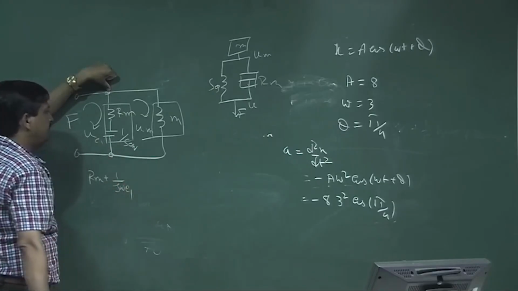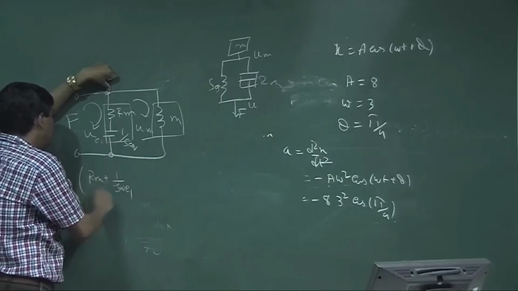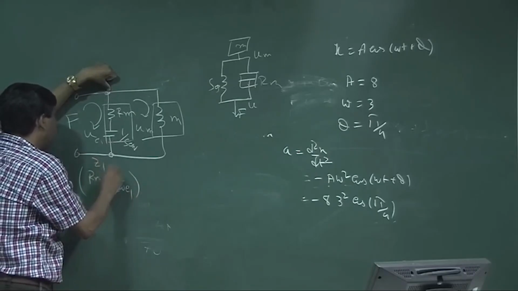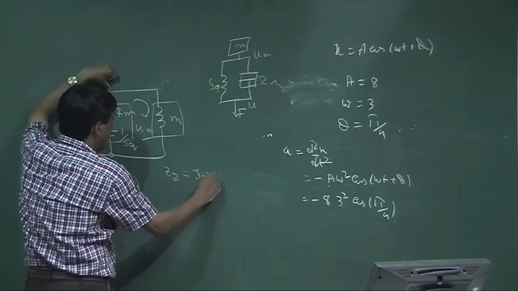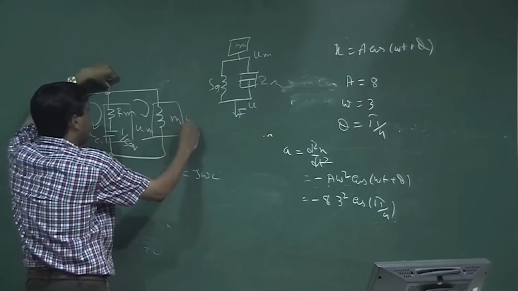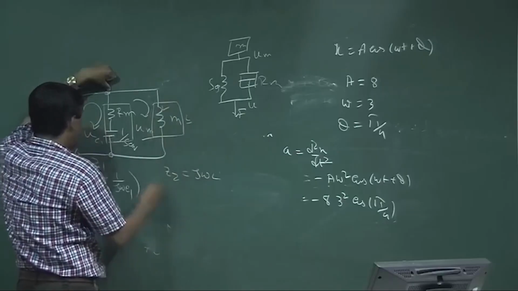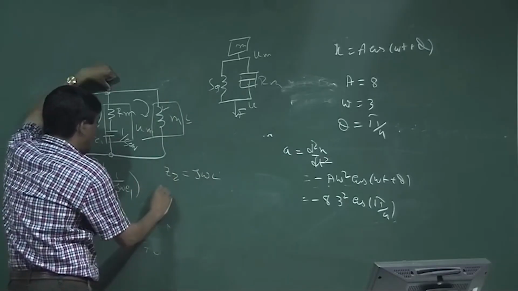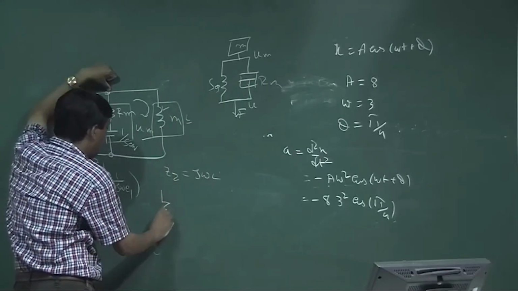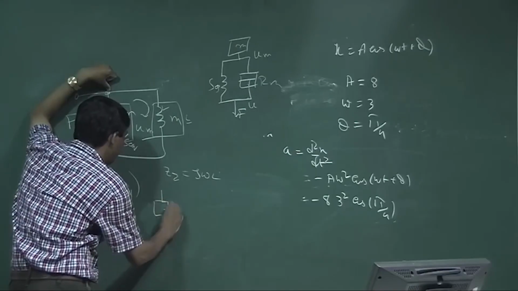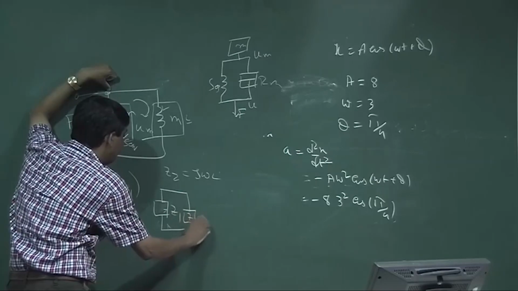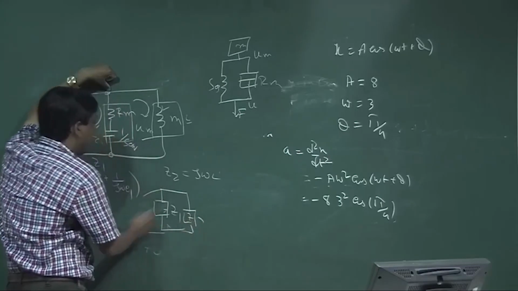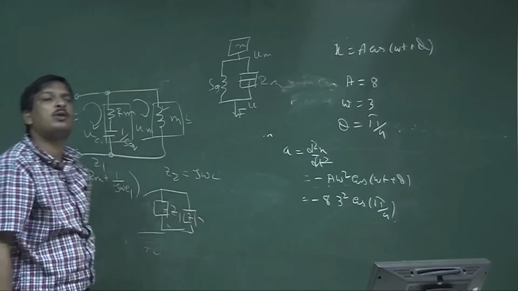These two are in series, let this be Z1. Then Z2 is nothing but j omega L, where L is the inductance. Then Z1 and Z2 are in parallel, so I can find out the equivalent impedance of the two parallel loads.